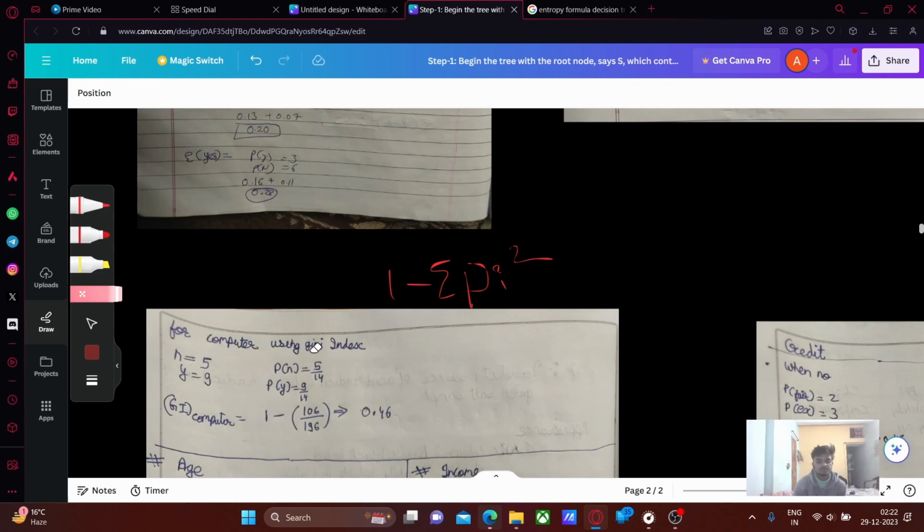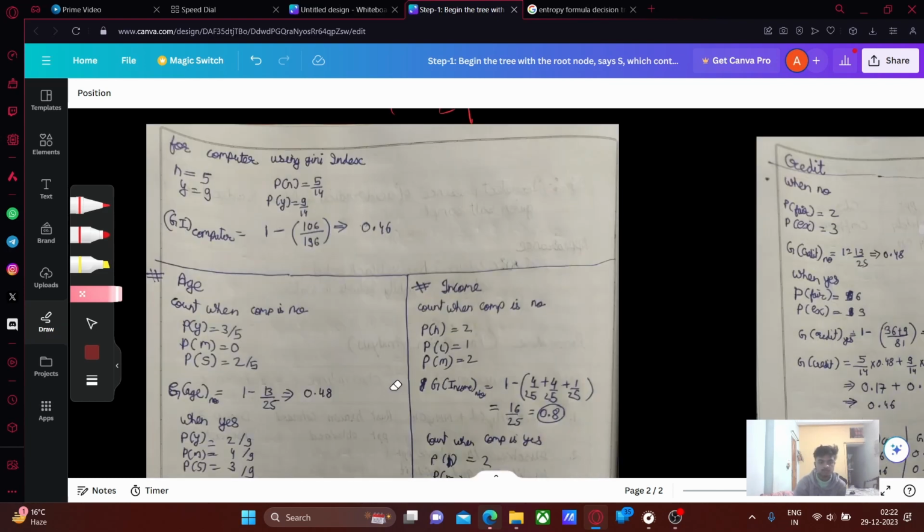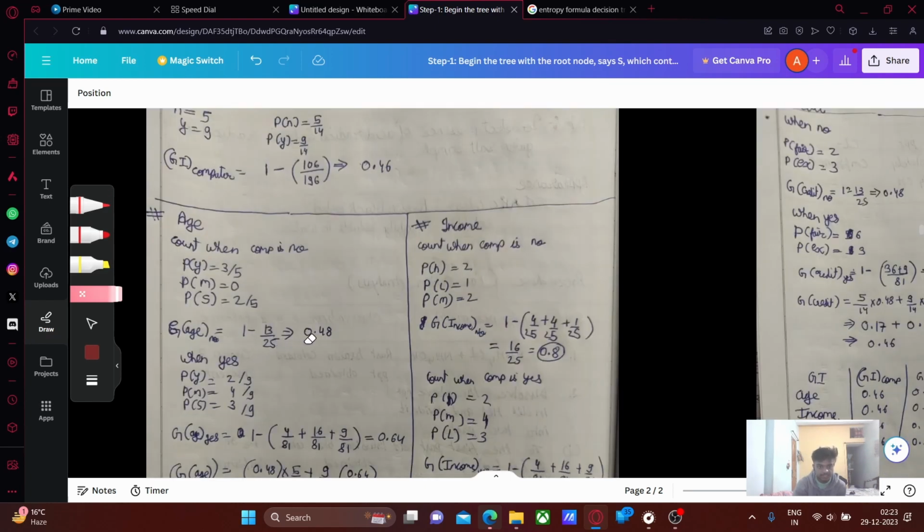So we again have 5 no cases and 9 yes cases, and the probability of no will be 5 by 14 and the probability of yes will be 9 by 14. The Gini index will be around 0.46. This is the case before splitting, and then we'll split it according to attributes. For age, our Gini index will be 0.48.